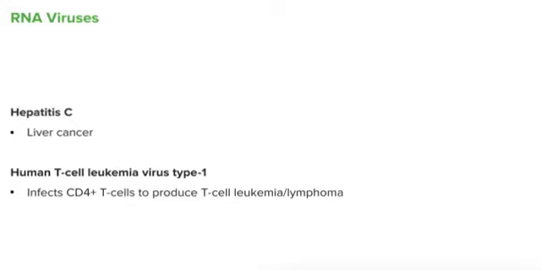HTLV-1, adult T-cell leukemia lymphoma, TAX. Know these three for your Step. You will be in good shape. These are important RNA viruses. There are a bunch more, but at least know these two associated with cancer.